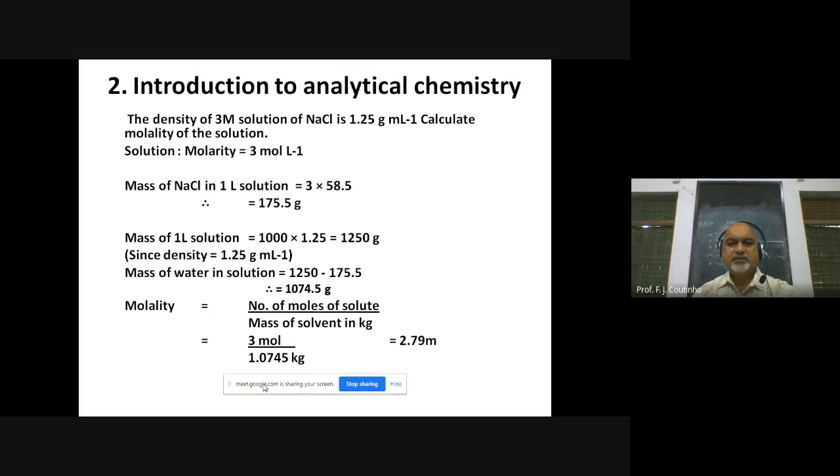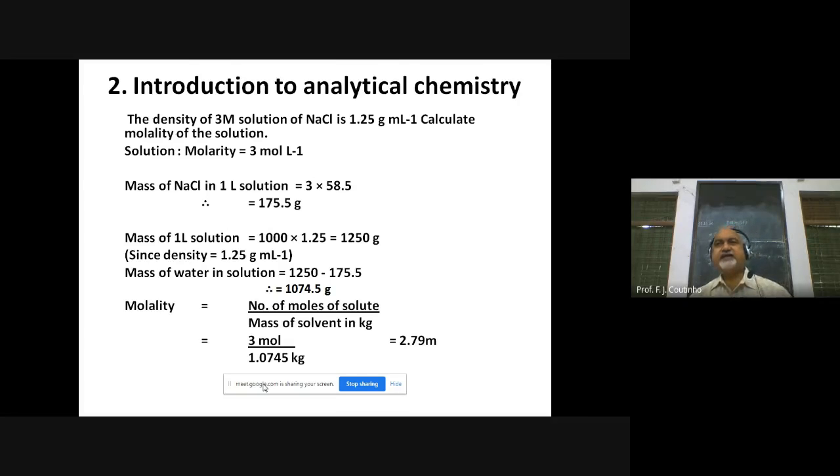Therefore, molality is equal to the number of moles of solute, that is 3 moles, upon the mass of the solvent in kilograms, that is 1.0745 kilograms.